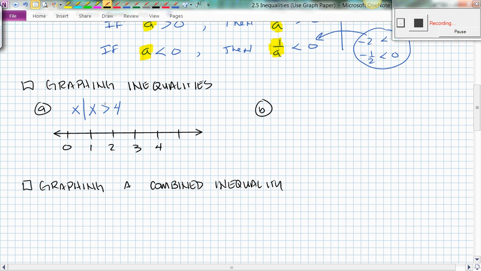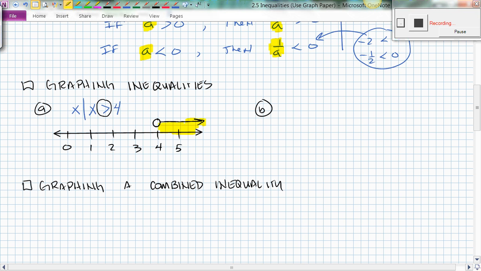So since it was greater than, you would normally have put an open dot, and you would have shaded to the right, and you would have said, oh, my answer is all this stuff to the right-hand side because it's strictly greater than 4. You'd use the open dot because you're not talking about the number 4 itself, you're talking about every number after the 4.